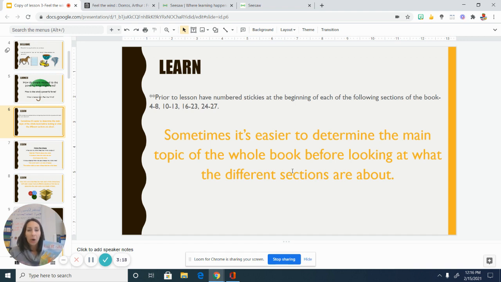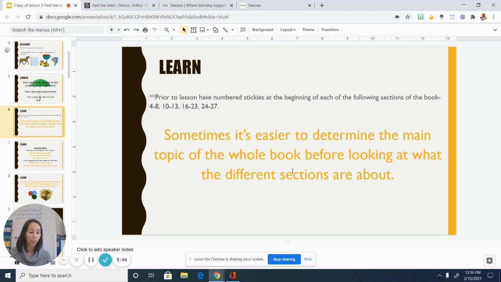Not always, but often, the title of a book like this kind of text helps to give us an idea of what the main topic is. It's not in every single book, no exceptions, but in many of the texts that you'll read, the title will help to tell you what the topic of the text is.